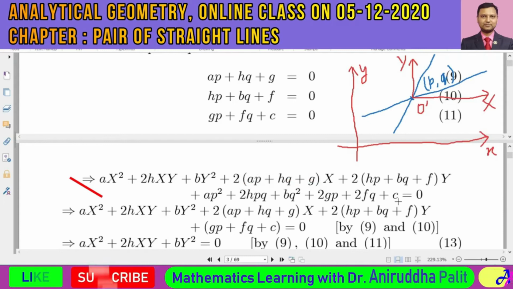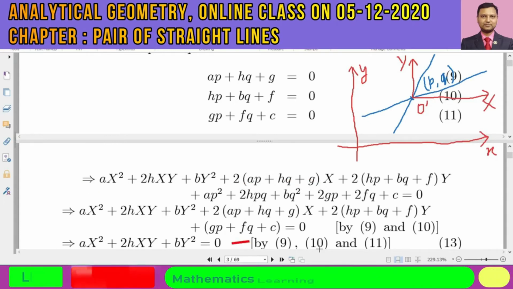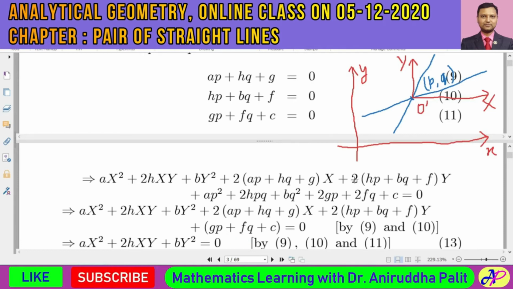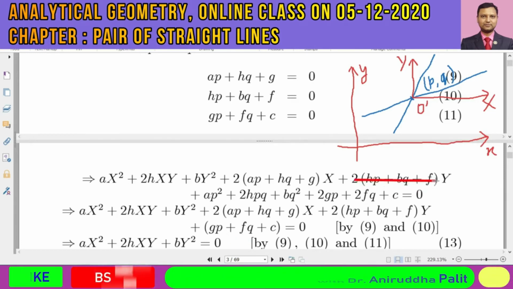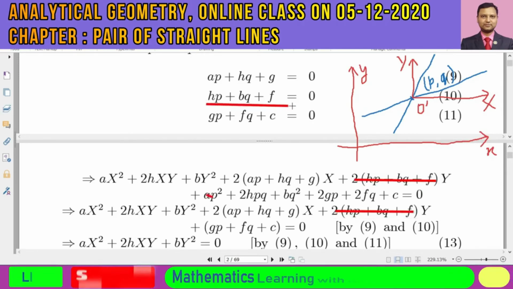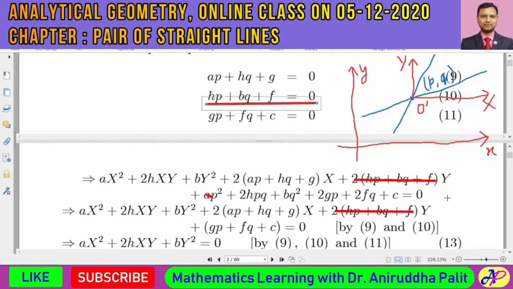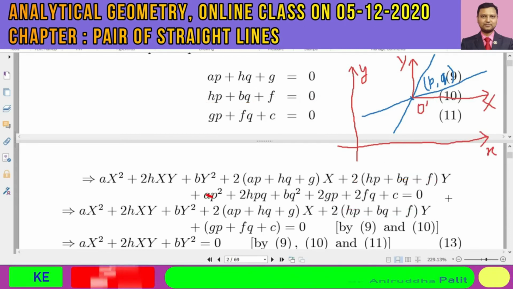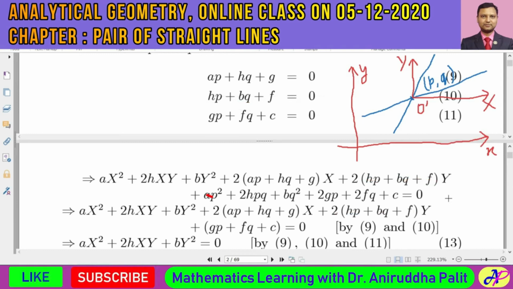That's why in this last line no X related term is there. Next, the coefficient of y would be equal to 0 because of the fact that h p plus b q plus f is equal to 0. So due to this second result, the y related term would also vanish.